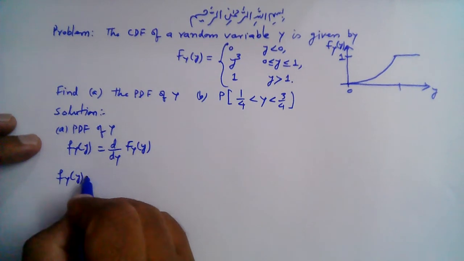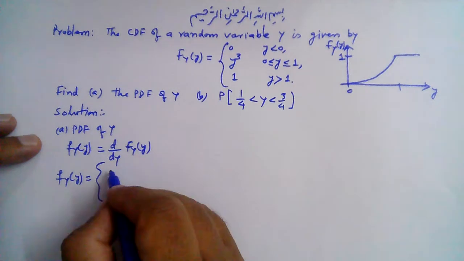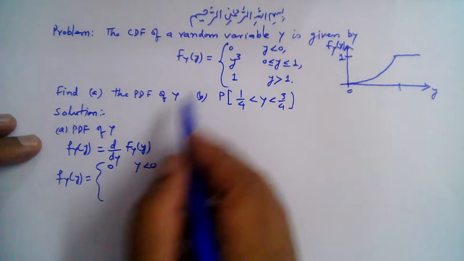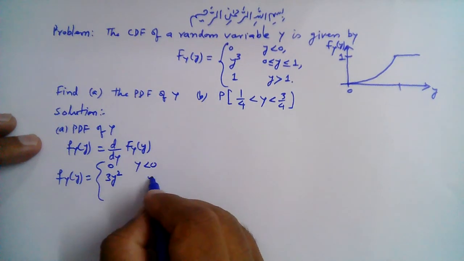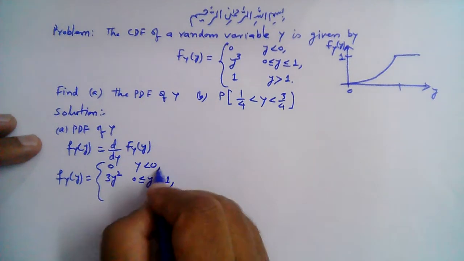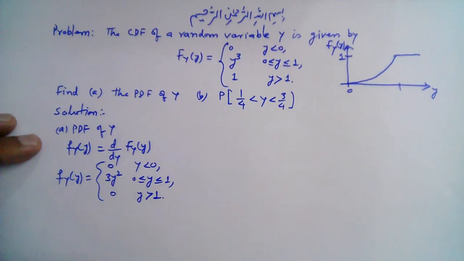f_Y(y) is equal to 0 when y is less than 0, 3y squared when y is greater than or equal to 0 and less than or equal to 1, and 0 when y is greater than 1.